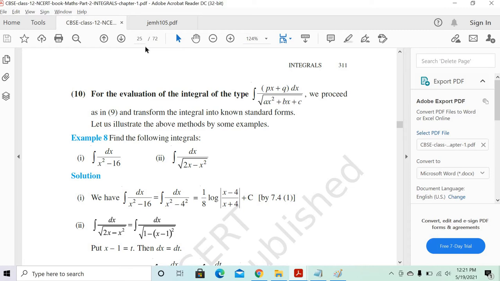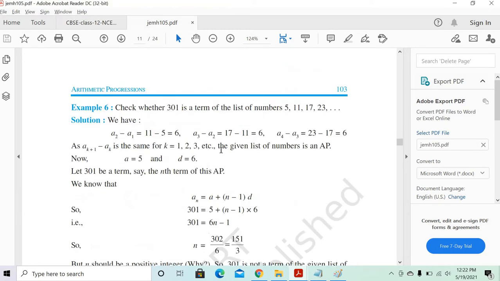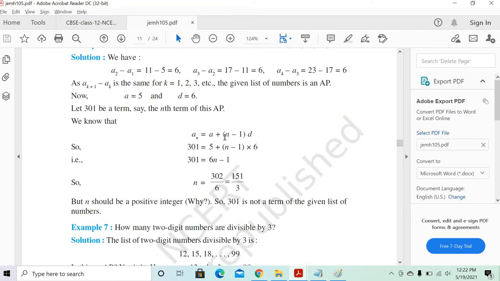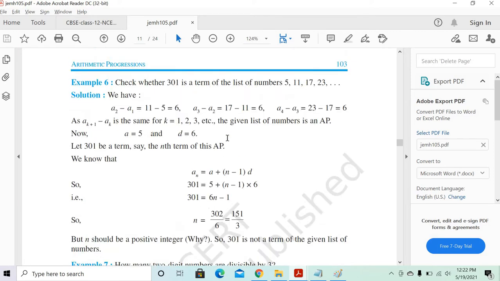Shreya, you getting? So I'm getting it as 151 by 3. Again, 151 by 3 is not a natural number, right? Yeah.